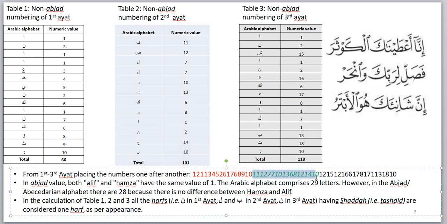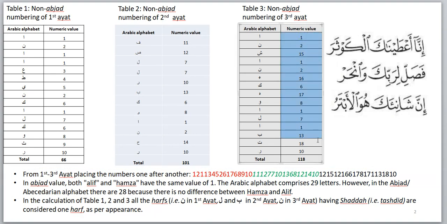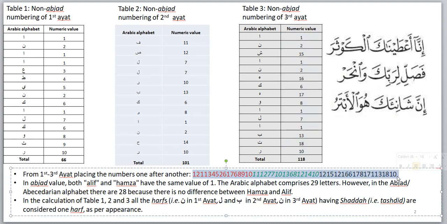And from the third ayat, we get this number. So placing one after another all the alphabets in Surah Al-Kawthar, we get this big number. The color is different, but the number is the same. This is a big number, placing one after another the alphabets of Surah Al-Kawthar.